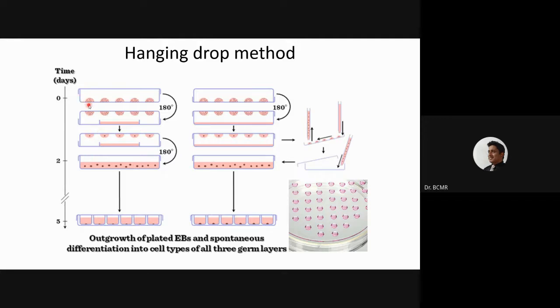Whereas you cannot say the same here; it will rather be something like a flat lump. If it is in a hanging drop, the conditions are very good for complete formation of a sphere. That is the reason.